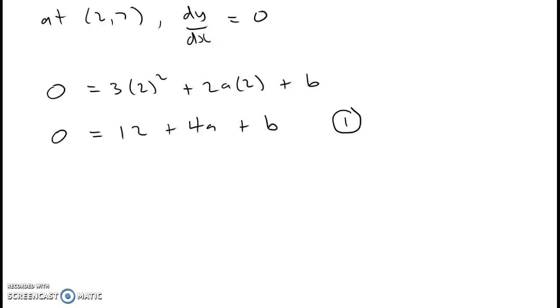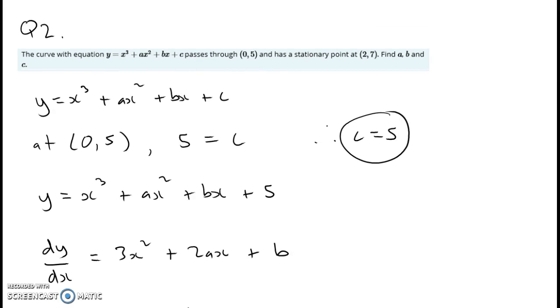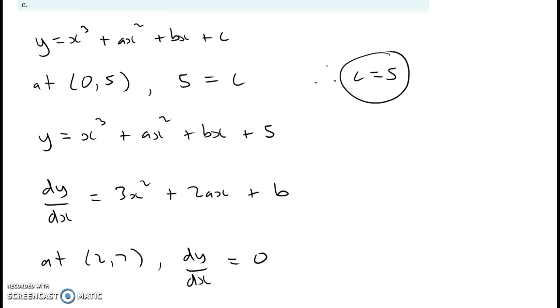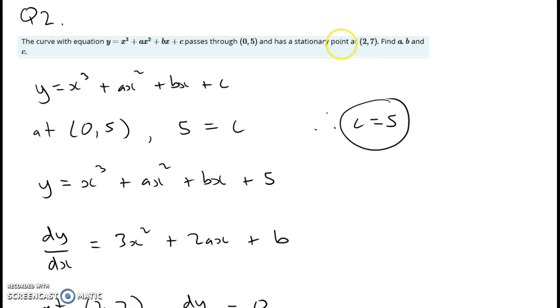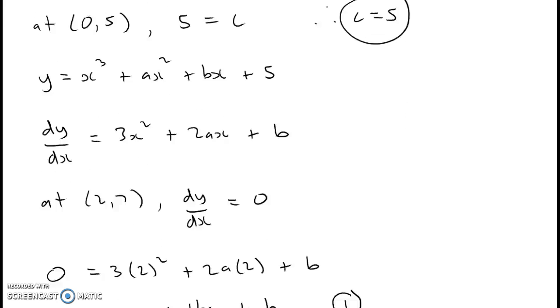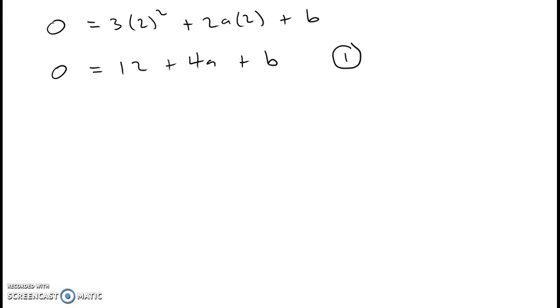The other bit of information that we know is, given it's a stationary point at (2, 7), those coordinates actually lie on the curve itself. It can't be a stationary point on the curve if the coordinates don't actually lie on the curve itself. So we can substitute (2, 7) into our original equation.